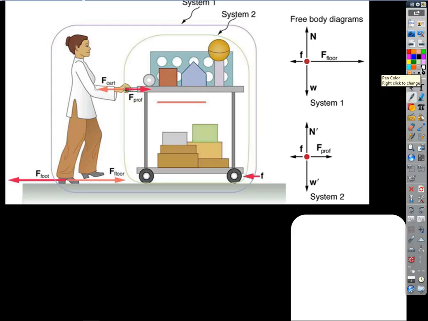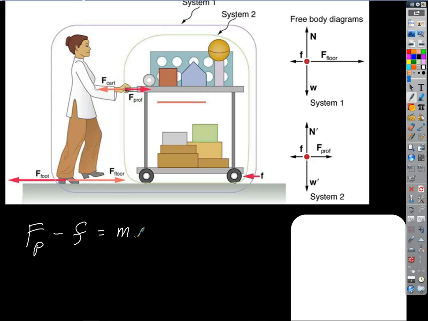We don't know, so we'll just call it F sub P. Adding up all the forces, F sub P minus the frictional force equals m a.